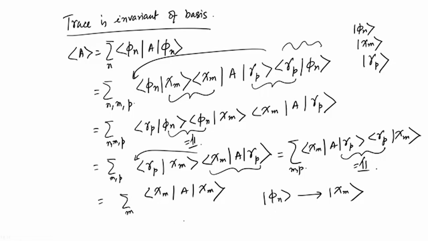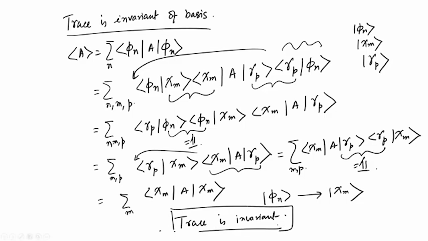So, that tells you that trace is invariant, and it does not depend upon the basis that we choose to express. So, trace, as you know, is a sum of the diagonal elements.